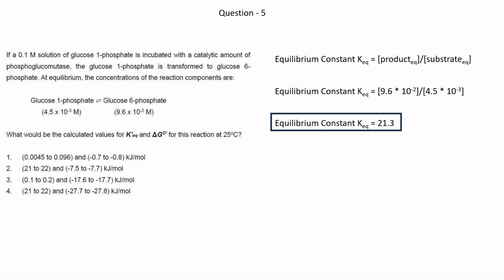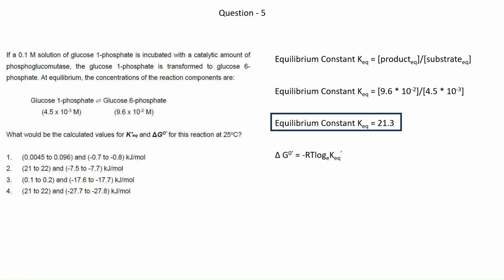Now, calculating the free energy change. The formula for that is free energy change equals minus RT log K, where K is the equilibrium constant.